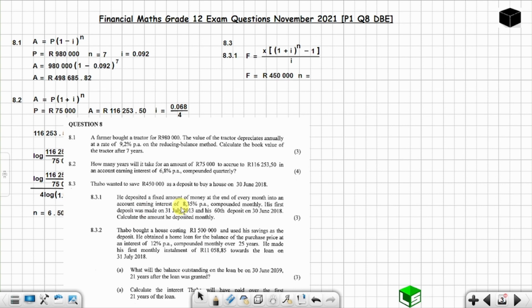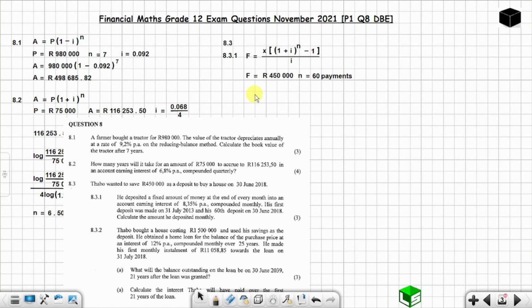How many payments is he going to make from this date to this date? You can see, when you read this part, his 60th deposit was made on 30th June 2018. So from this date to this date in the future he is going to make 60 deposits, so the number of payments N is equal to 60.